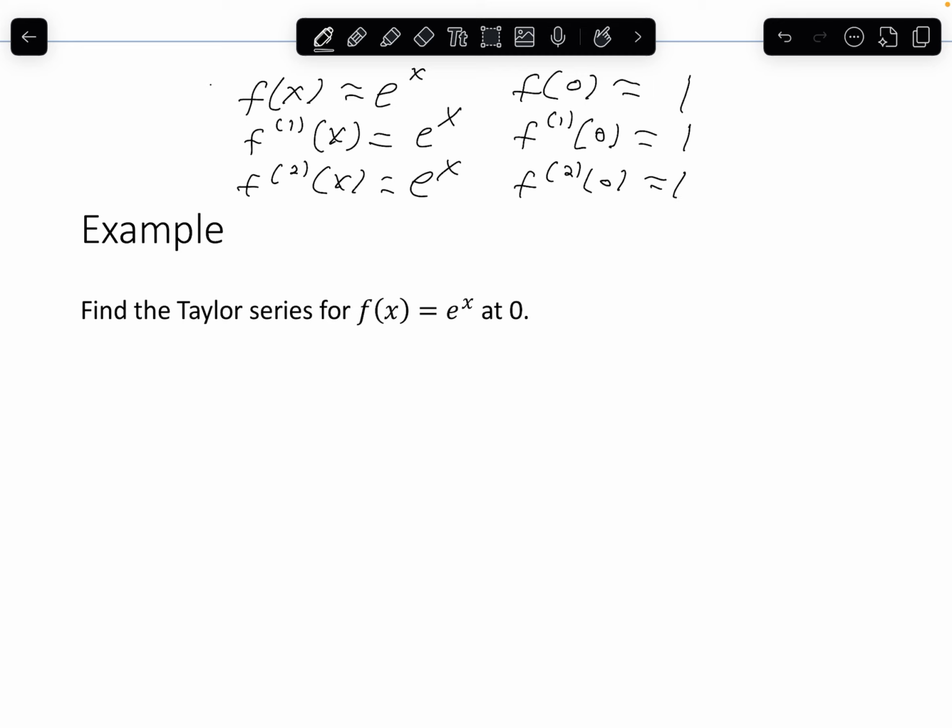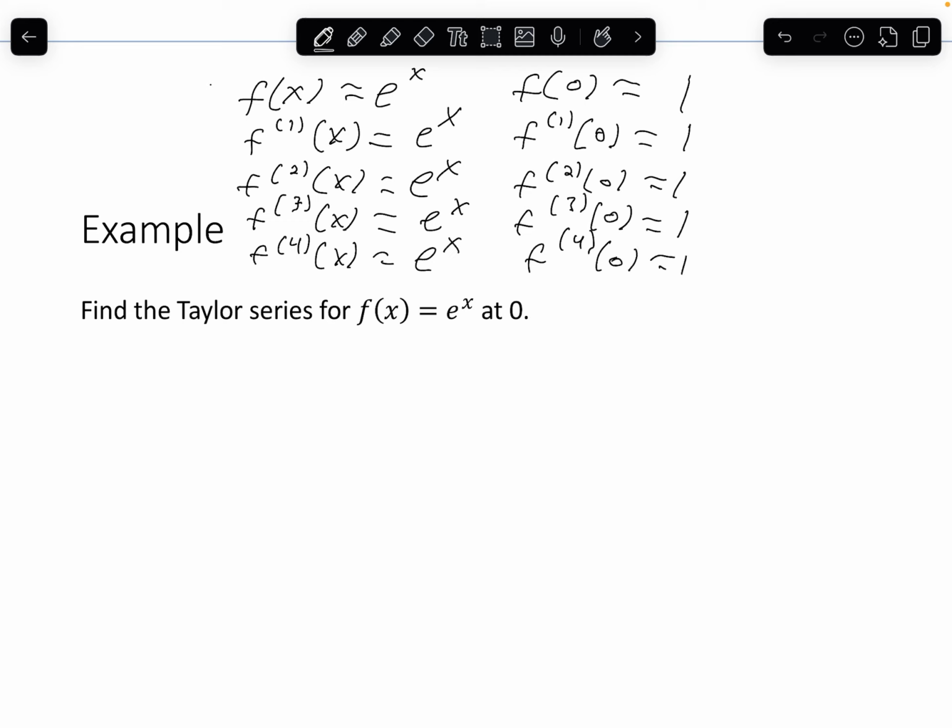The third derivative of f of x is still e to the x, and again, the value of that third derivative at 0 is 1. If we did the fourth, you could probably guess what that makes: e to the x, and the value of that derivative at 0, still 1.